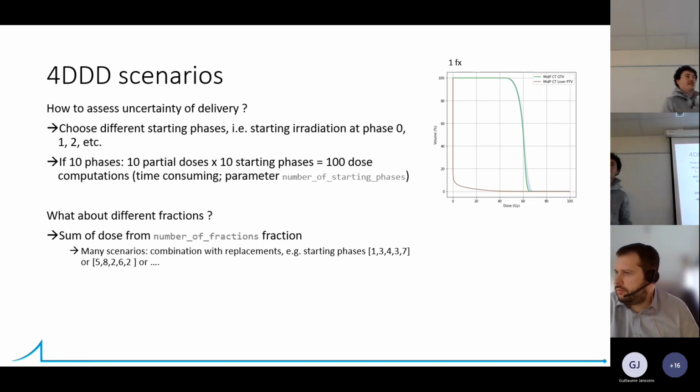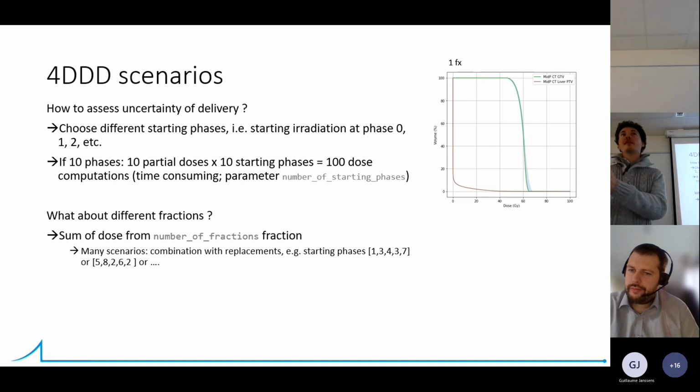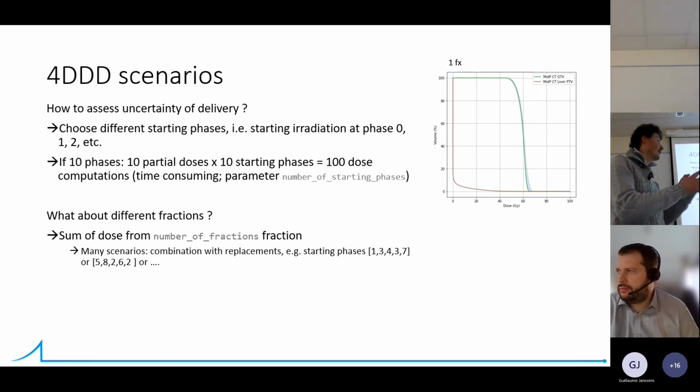And there are also many possible scenarios here. You can see it as a combination with replacement. If you have 5 fractions, for example, you can have a dose which starts from phase 1, a dose which starts from phase 3, again from phase 3, etc. And there are many combinations possible.